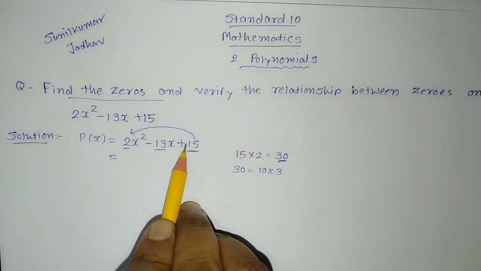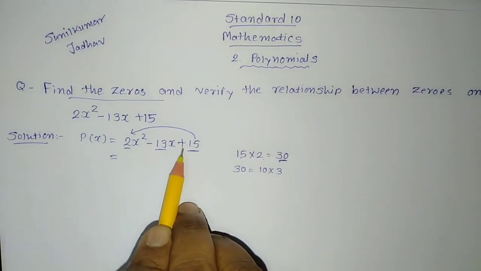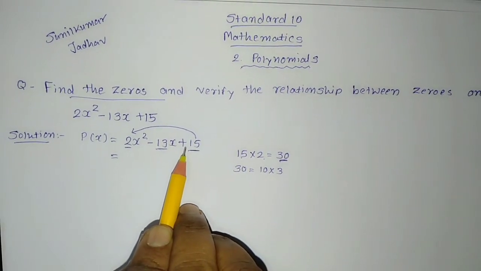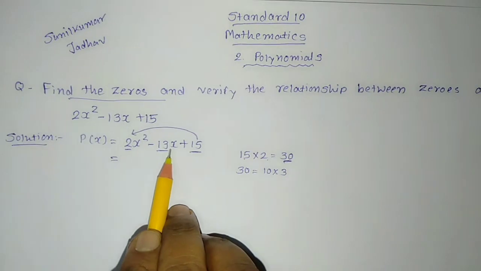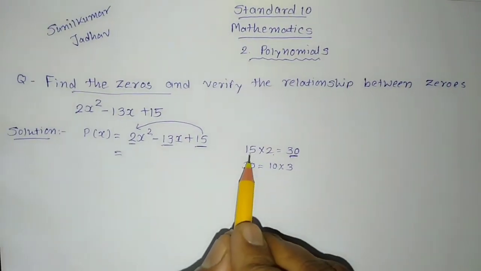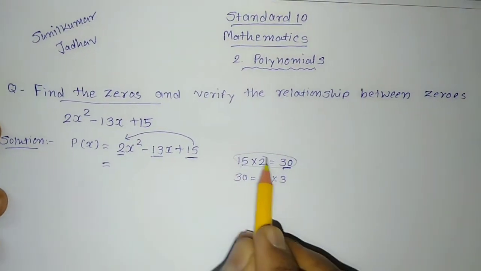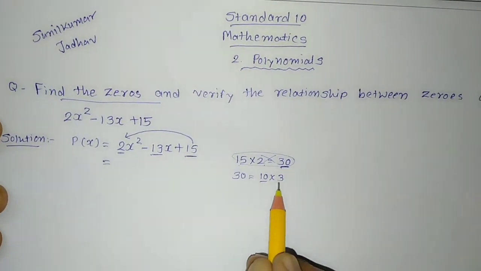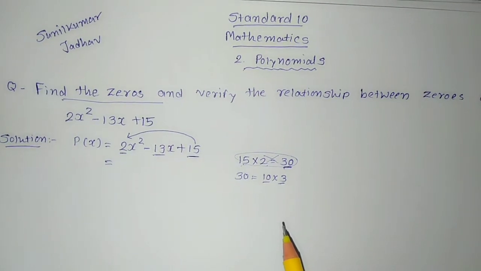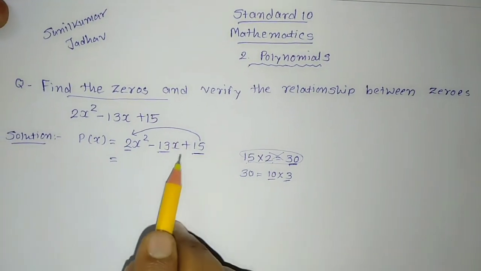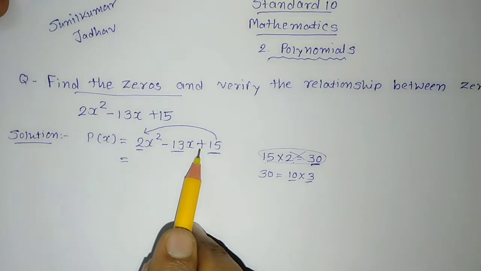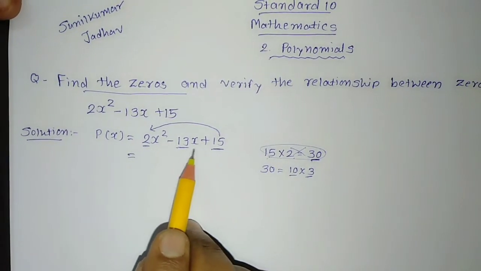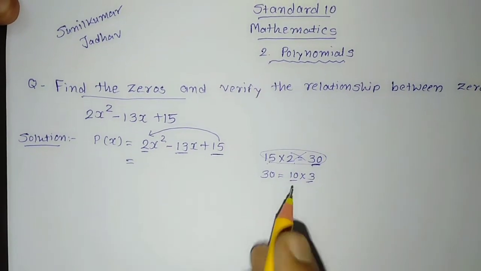But see this sign over here, this sign is plus, means we need to find out those two factors whose addition will be the middle term. So this factor is not valid, but we will take these two factors, that is 10 into 3, that is 10 into 3 is equal to 30, and 10 plus 3, as this sign indicate, what process we have to do, we need to do the addition. So addition of these two factors would be 13, so 10 plus 3 is equal to 13.